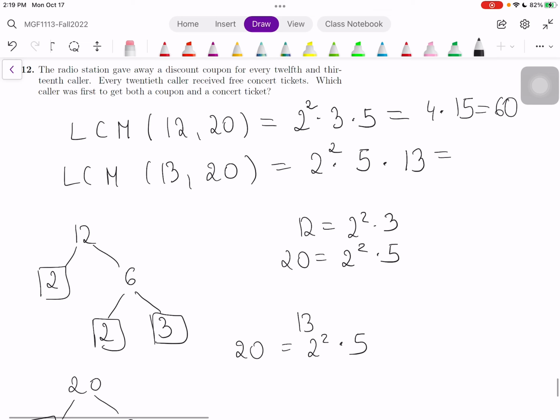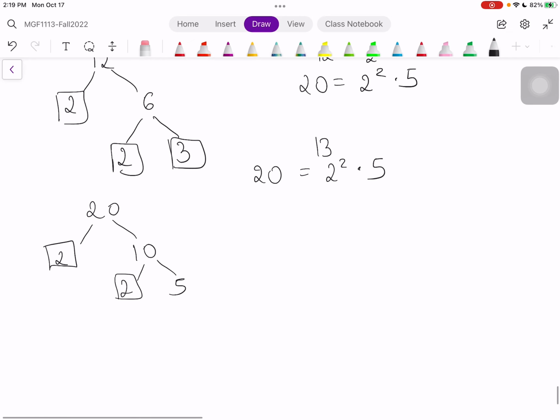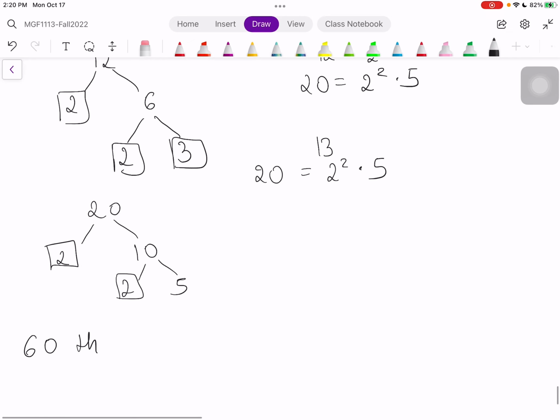So that's 4 times 5, which is 20, times 13, which is 360, right? Sorry, 260. Either way, the first caller to receive both the coupon and the concert ticket would be the 60th caller, right? So the 60th caller will be the first to receive both, right?